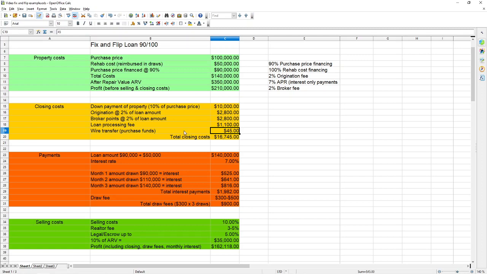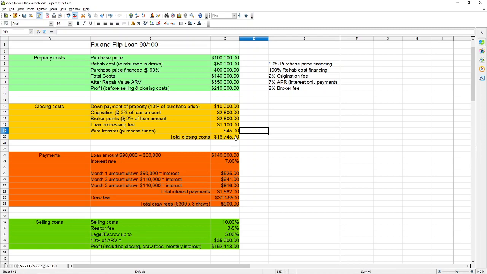This is what some people refer to as a junk fee, and some lenders have quite a few of them, and they're basically itemized so you can see different fees that are often paid to third parties, and that's why they're listed individually.